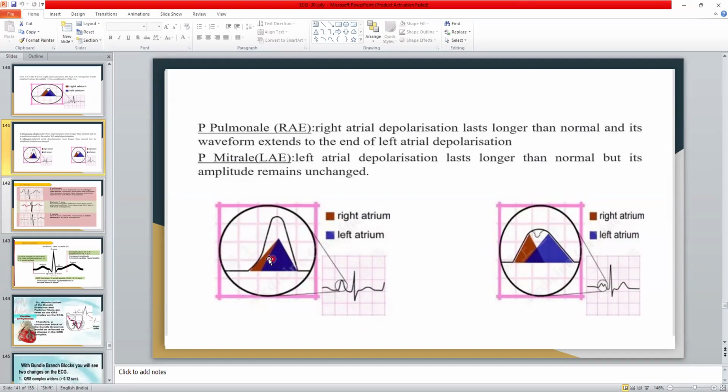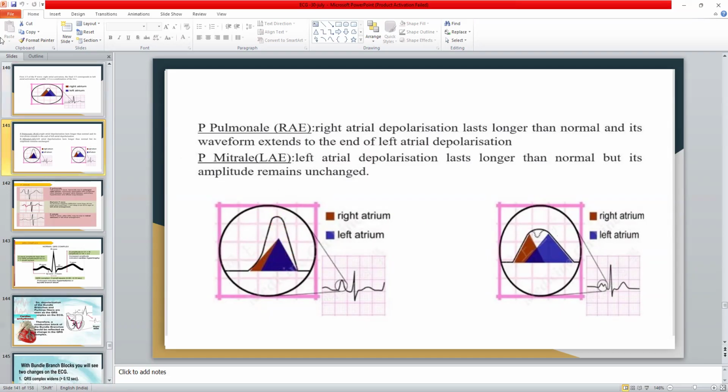Blue is the left atrium, brown is the right atrium. So you can see the depolarization of the right atrium extending up to the end of the left atrial depolarization. Here the amplitude of the P wave is also increased.